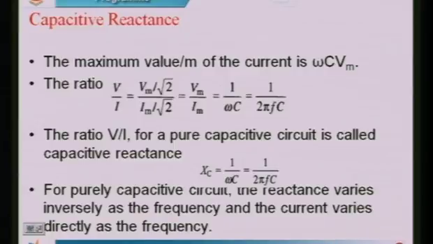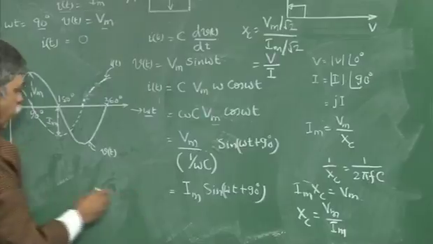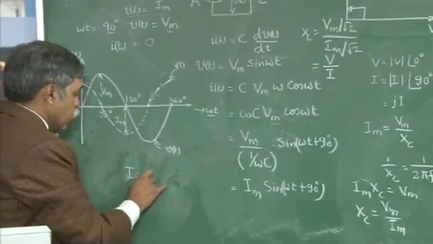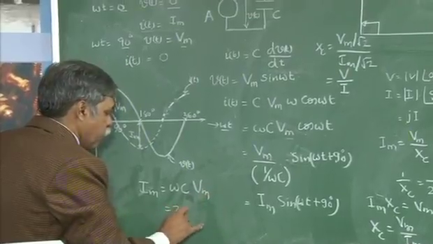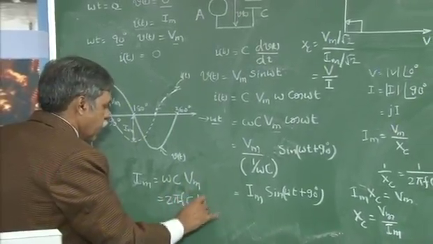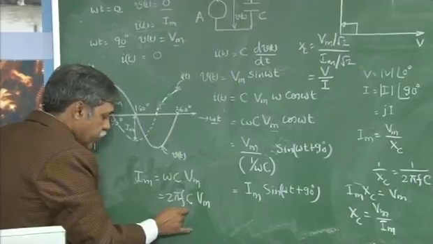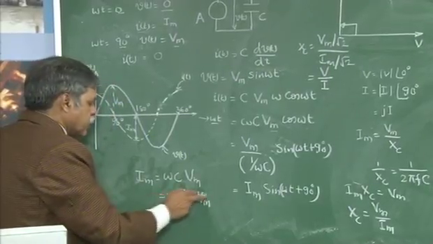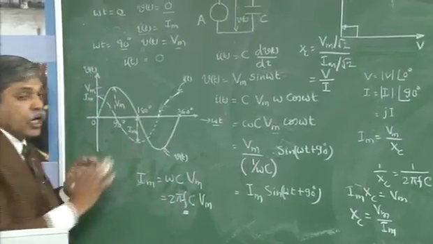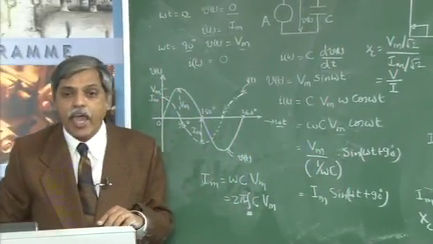Why does the current vary directly as the frequency? In the expression for Im, Im equals omega c into Vm, and omega is 2 pi f. Here c, Vm and 2 pi are all constant, so Im is directly proportional to the supply frequency f.